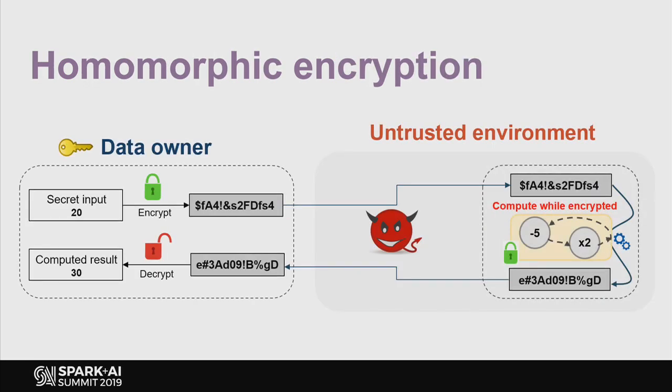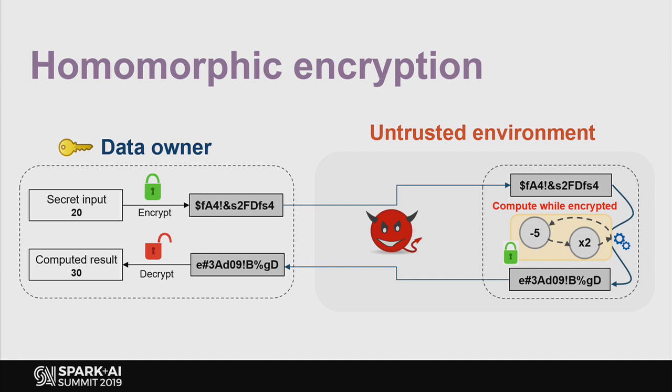So, now what is homomorphic encryption? It's basically what you saw on the previous graph. It's a new kind of encryption scheme that allows you to do computations directly on encrypted data. So you can have a data owner, someone who has the original data, and they have some kind of secret key. They use this key to encrypt.